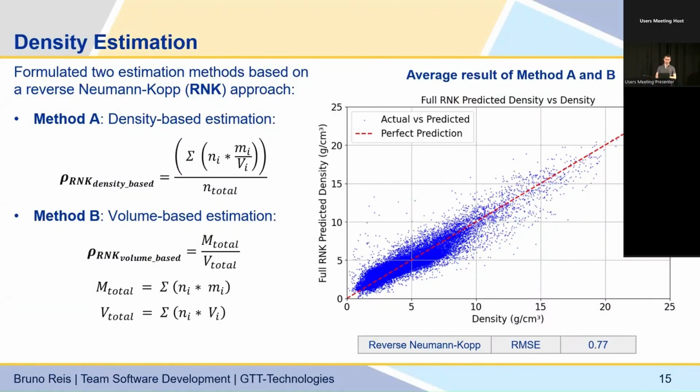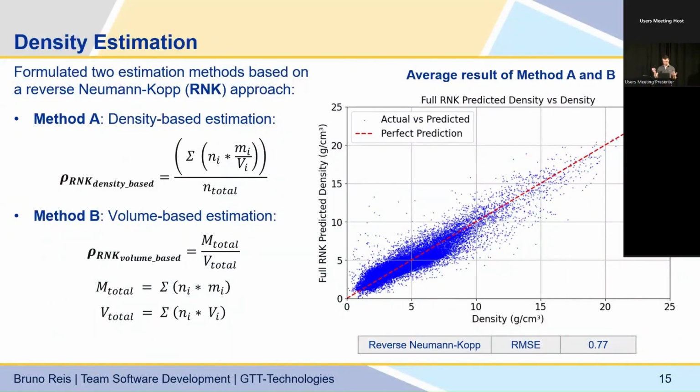And we are applying the Neumann-Kopp approach, although we have two possible methods for it. We have the density-based estimation based on the pure elements, so Neumann-Kopp from the pure elements, and also the volume-based estimation from the pure elements as well.